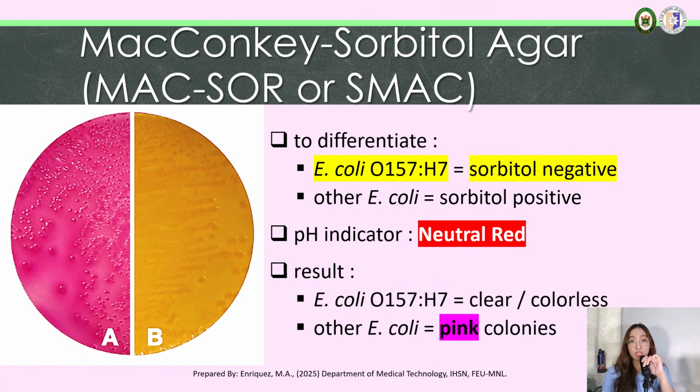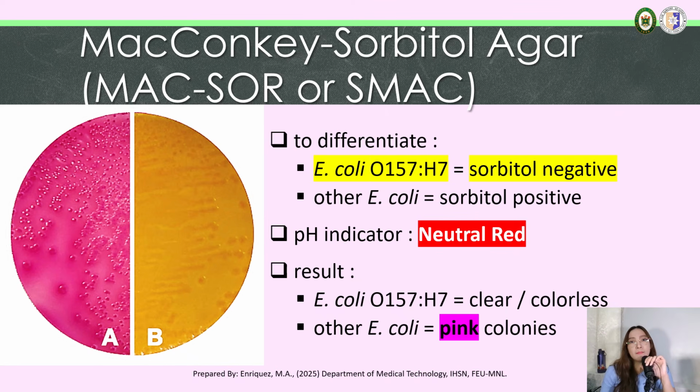The McConkey sorbitol agar was formulated by removing lactose and replacing it with sorbitol into the original McConkey formula for us to be able to differentiate EHEC O157:H7 isolates from all the other E. coli strains. Okay, ulitin po natin. Ang purpose ng McConkey sorbitol agar is to differentiate the E. coli O157:H7 in comparison to all the other E. coli strains.